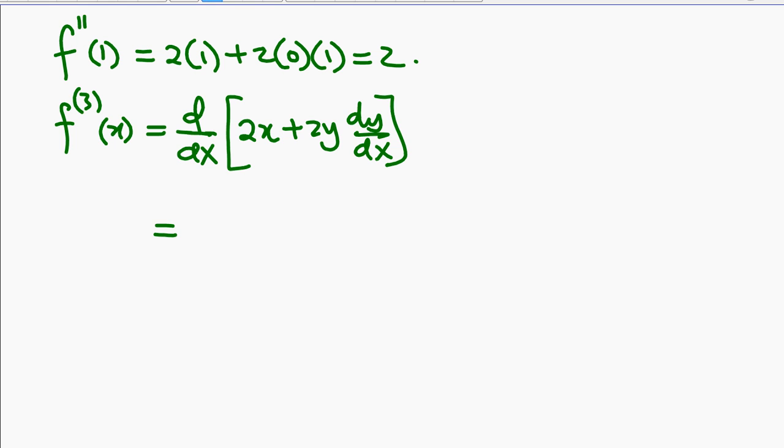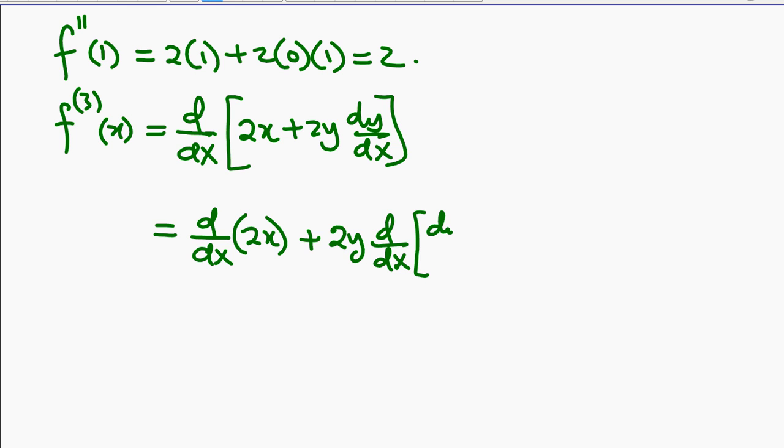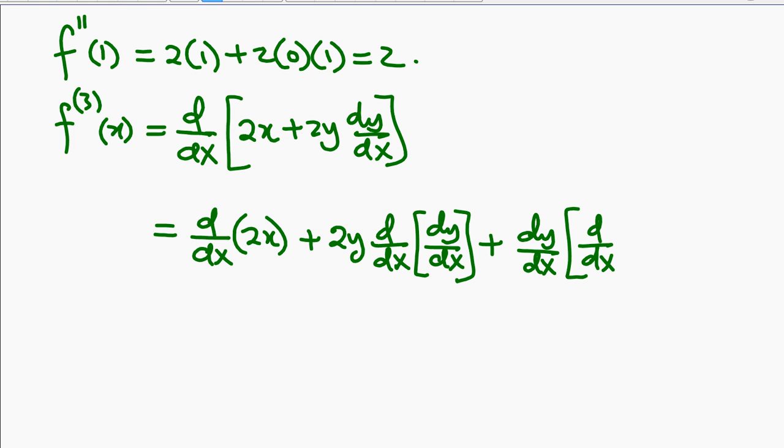This is the same as d over dx of 2x plus, now I may have to apply product rule here, so that will be 2y d over dx of dy over dx plus dy over dx multiplied by d over dx of 2y.